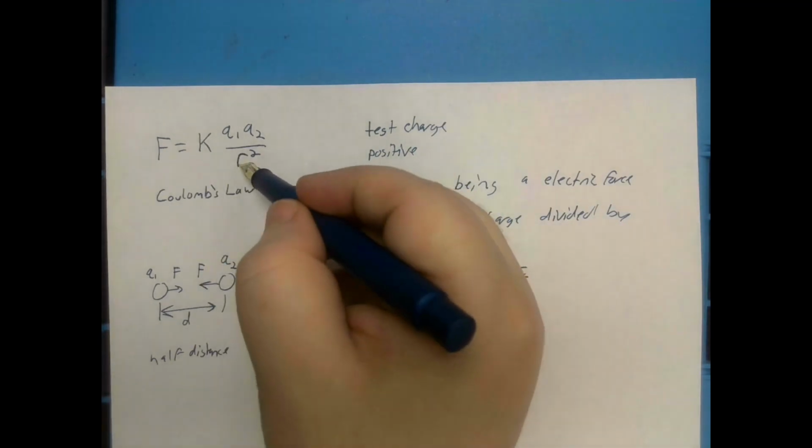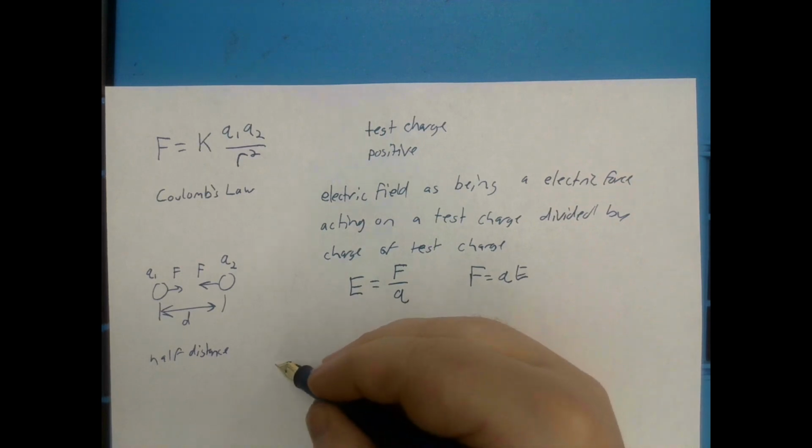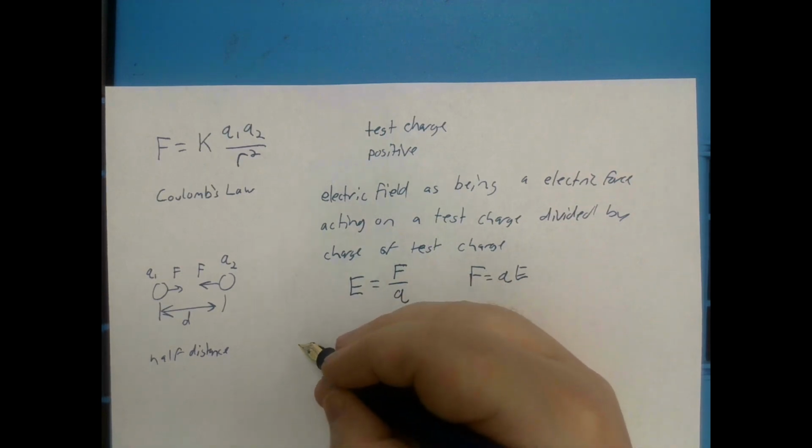So what exactly would it be if I decrease R by half? The R is being squared. This is an inverse square law. So remember my trick? Constants you just remove or treat as one.